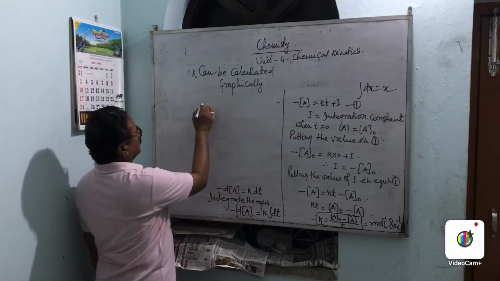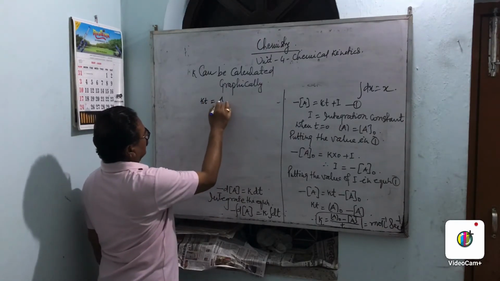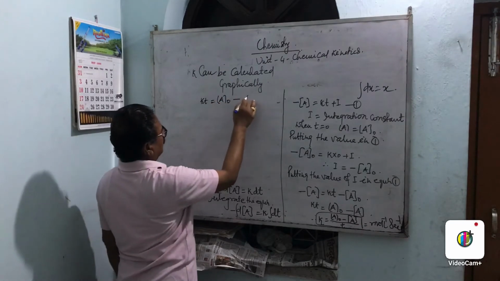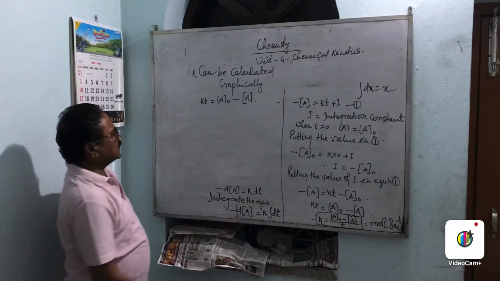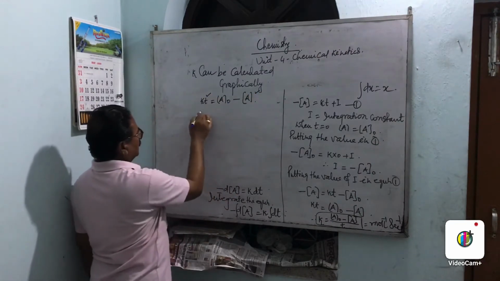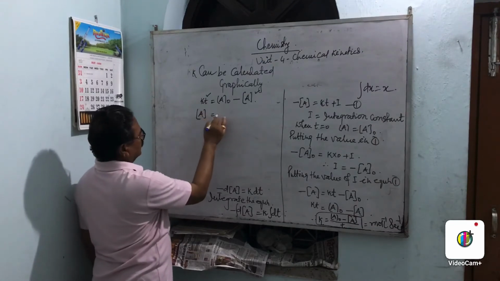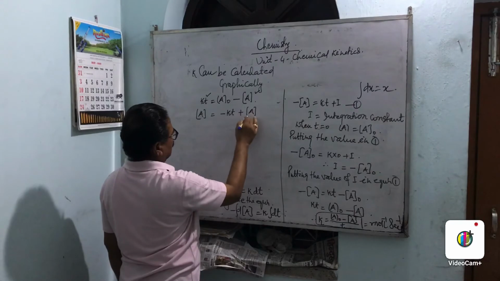So this Kt, I have written here, Kt is equal to A naught minus A. What is the function here? The function is concentration, and that is changing with time. So we write A is equal to minus Kt plus A naught.